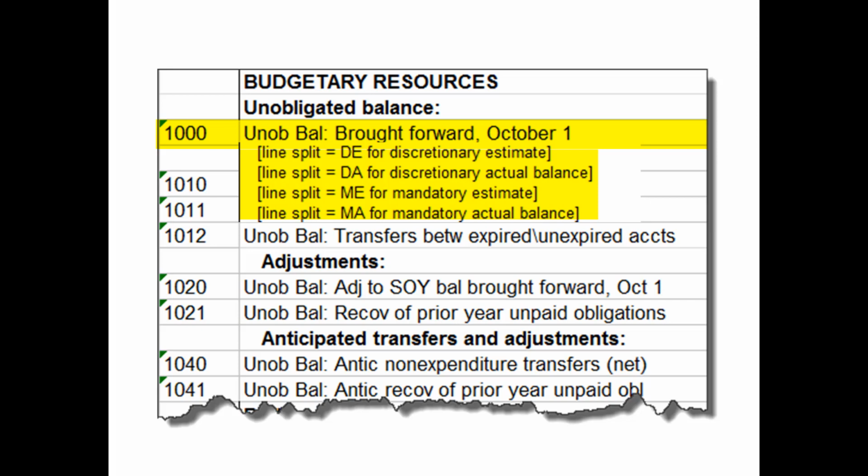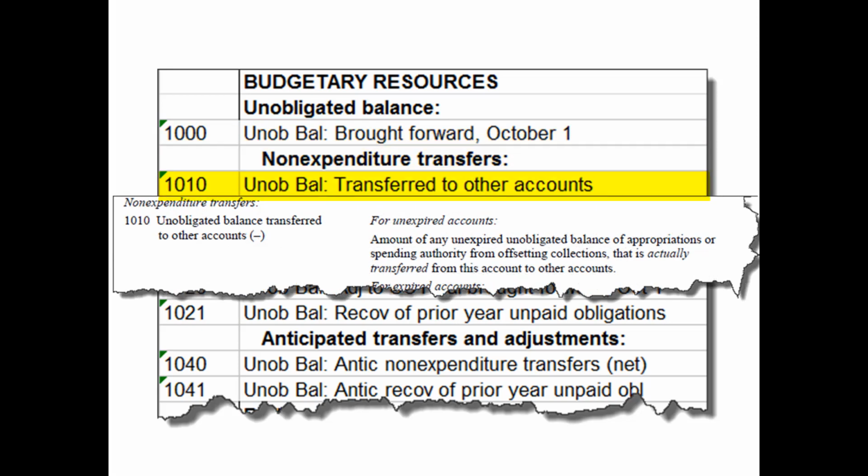Under the non-expenditure transfers heading, there are 3 lines. 1010 is defined in Appendix F as the amount of any unexpired, unobligated balance of appropriations or spending authority from offsetting collections that is actually transferred from this account to other accounts. Since the line reflects amounts transferred out of your account, the amount would be negative.